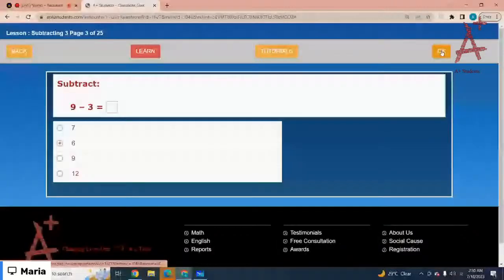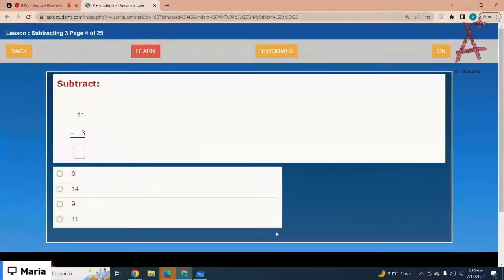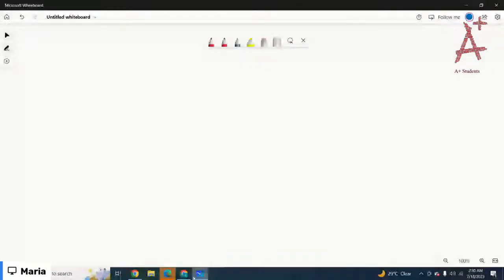The next one is 11 take away 3. Start with 11, go back 3 numbers.